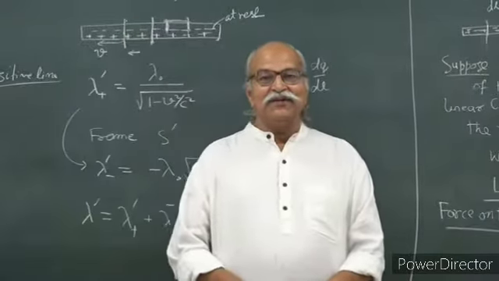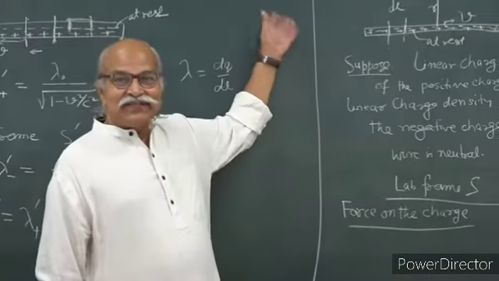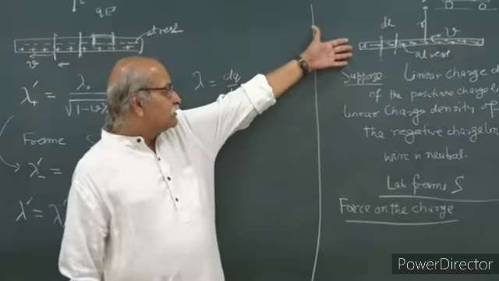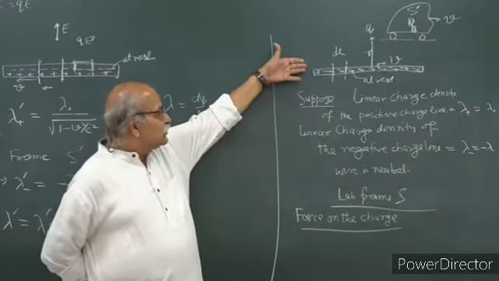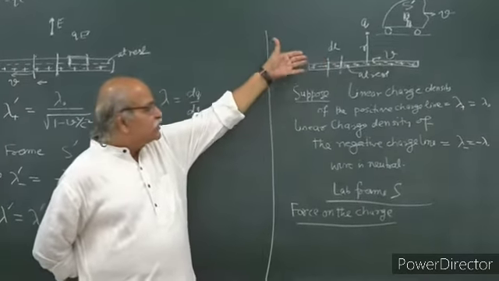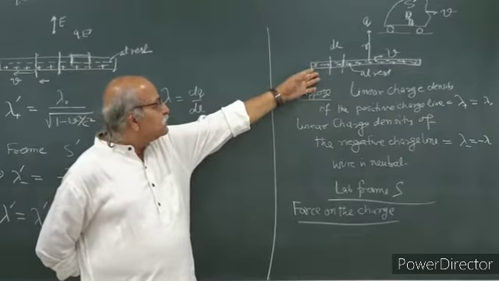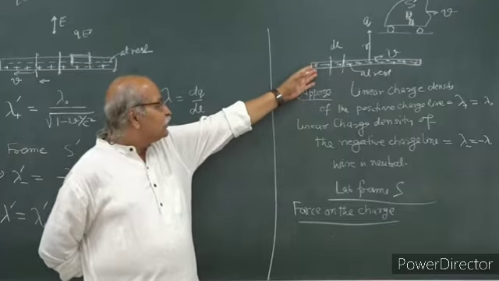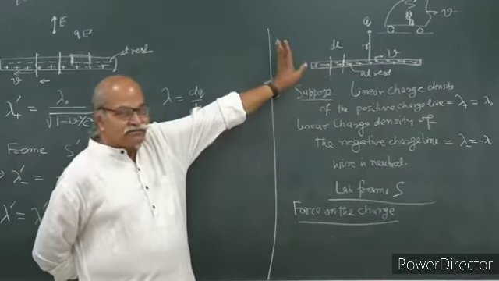Okay, so we continue with the charges appearing on the wire. If you go to the trolley frame, we started with a wire in which there is a current, and the current is due to this negative charge line which is moving with velocity v, and then this compensating positive charge line, so that this wire is neutral in the lab frame and there is no electric field there.